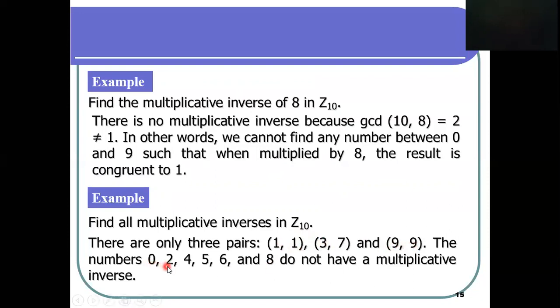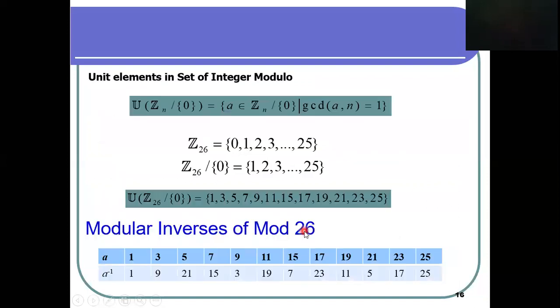The numbers 0, 2, 4, 5, 6, and 8 do not have multiplicative inverses because the GCD of all these numbers with 10 is not 1. In that case, these are not relatively prime to 10.